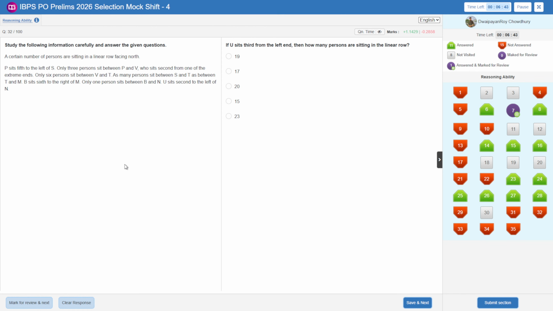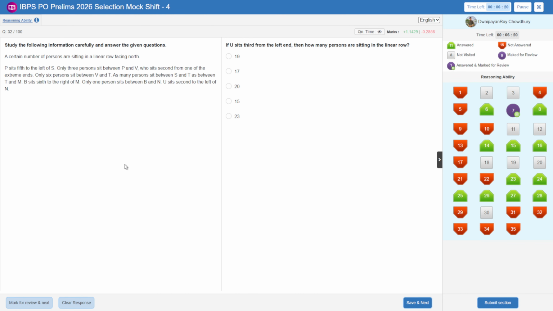Now they are saying only 6% between V and T: 1, 2, 3, 4 already, so 5, 6, T. As many percent between S and T: 1, 2, 3, 4, 5, 6, 7, as between T and M.